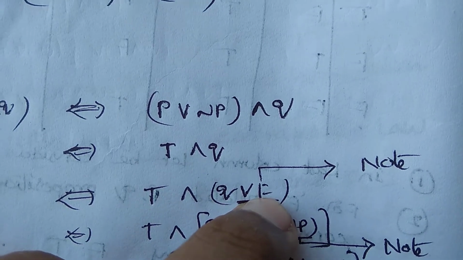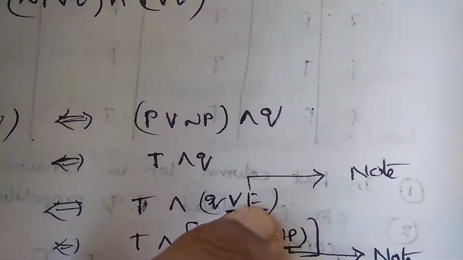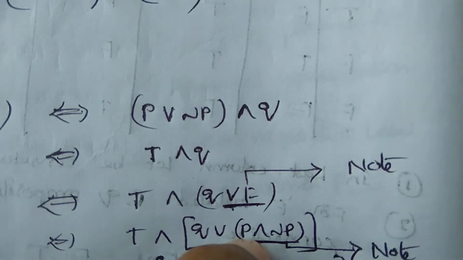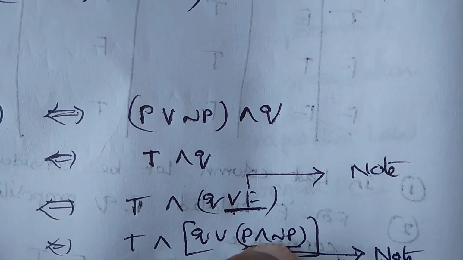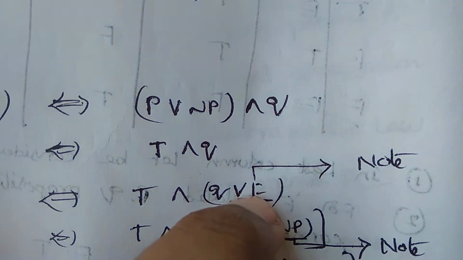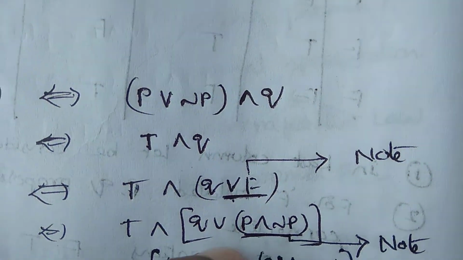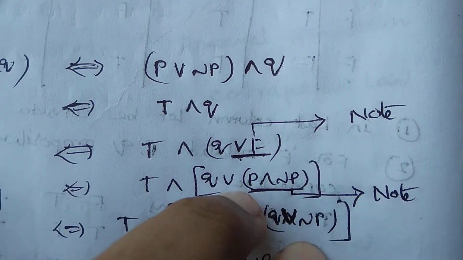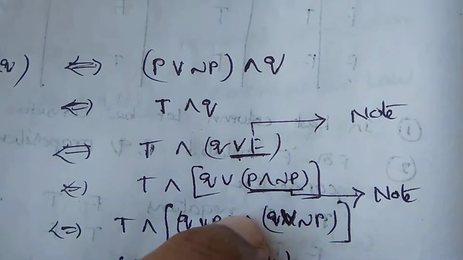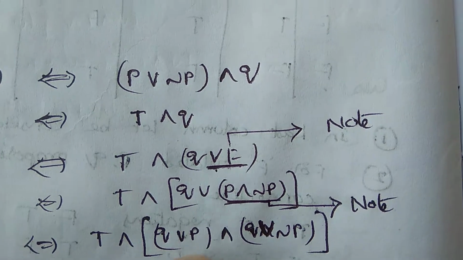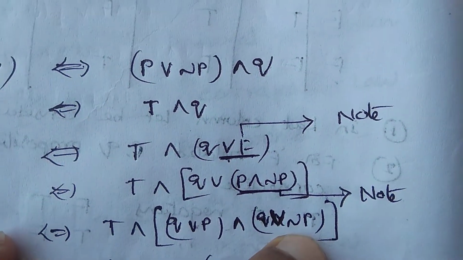In place of F, you write, other than this Q statement, P and negation P. P and negation P is logically false, so in place of false, you write P and negation P. Now apply the distributive property: Q or P and Q or negation P. So you can get maxterms like that.